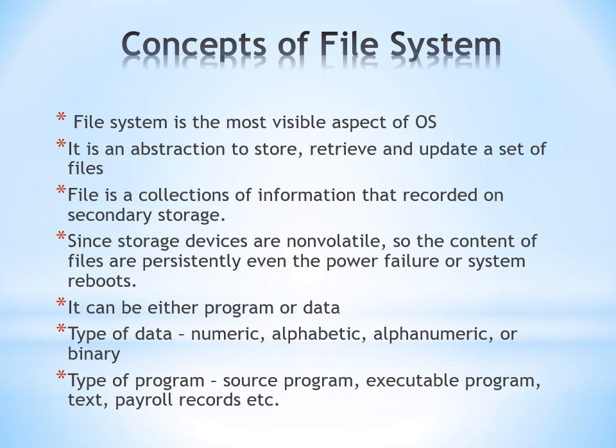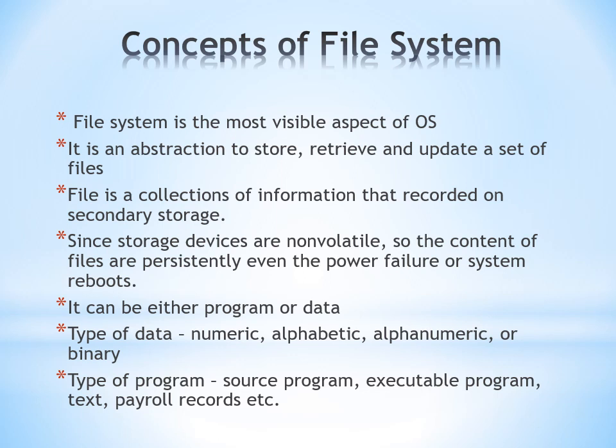So in the concept of the file system, the file system is mostly the visible aspect of the operating system. It's actually the abstraction of how the system will store, retrieve and update a set of files. A file is a collection of information recorded in secondary storage, which is non-volatile.